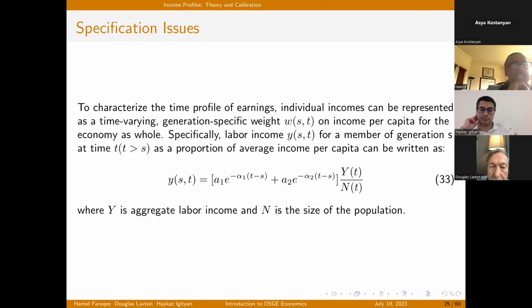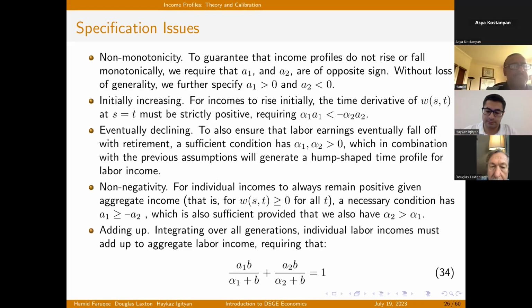So the term in brackets here, those two exponentials and that function of t minus s, is the function of the age of that particular generation s, that effectively gives you these generation-specific weights, if you like, on the average income per capita for the economy as a whole. And that's effectively how you can characterize relative incomes for each generation relative to the average income per capita for the overall economy. Next slide, please.